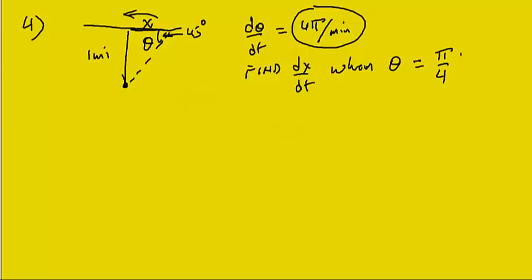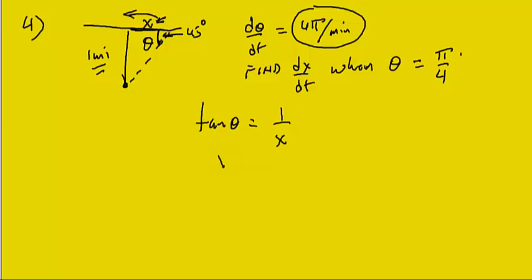Now here's my angle. This is the side I'm dealing with. What trig function? Because it deals with an angle, tangent. So tangent of θ is equal to opposite over adjacent. Hey, you know what? I don't like this. I'm going to flip it.